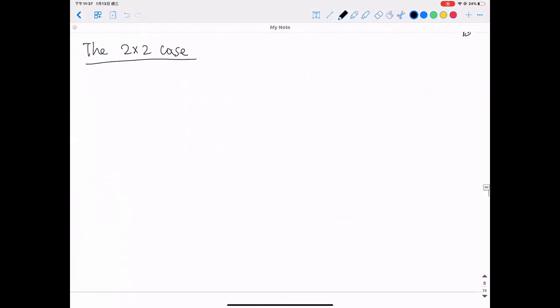Now let's consider the most basic situation, that is a matrix of size 2 by 2, and run the algorithm and see what we get.